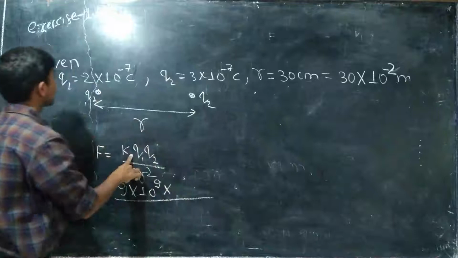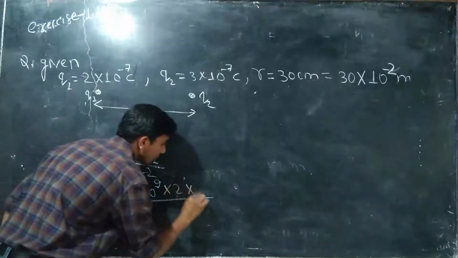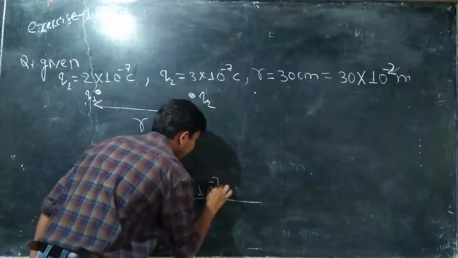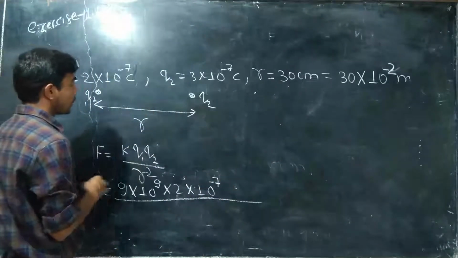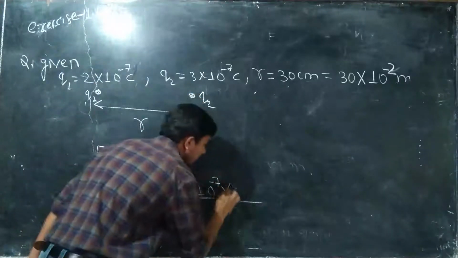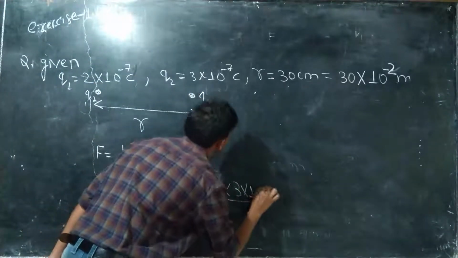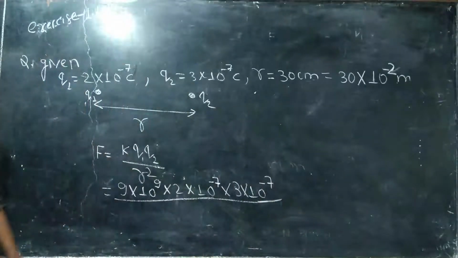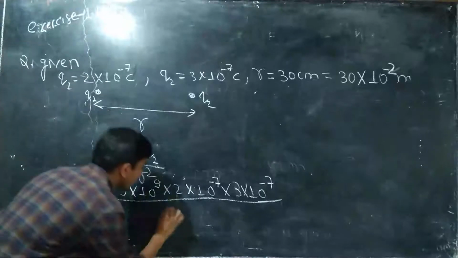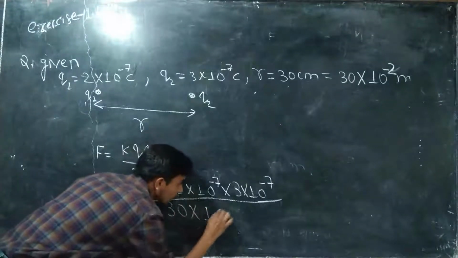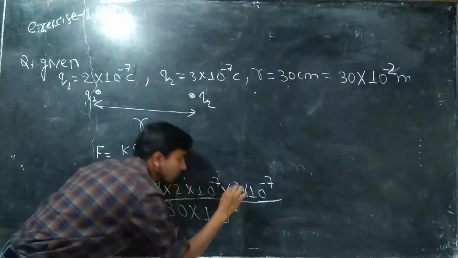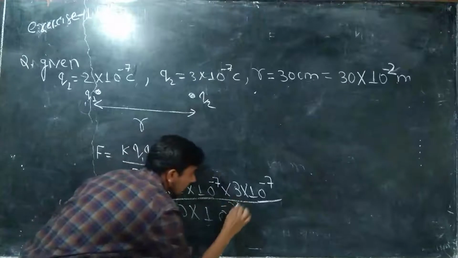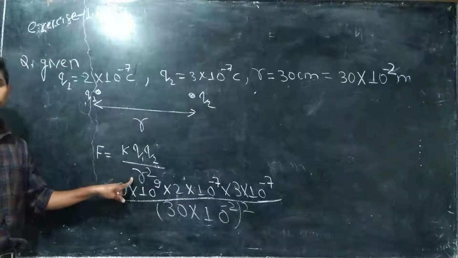Q1 is 2 into 10 to the power minus 7, and Q2 is 3 into 10 to the power minus 7. In the denominator we have 30 into 10 to the power minus 2, and we put a square here because it is R square.